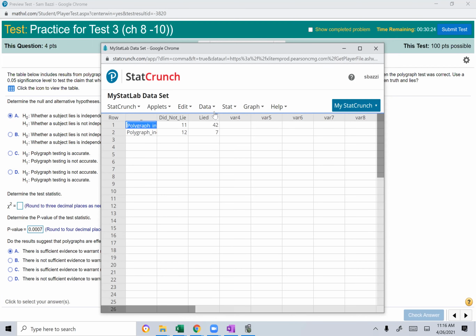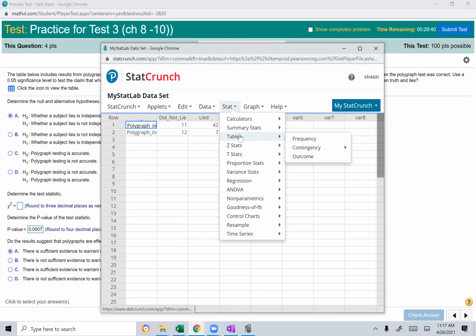Oh, graph, just one sec. Tables. So pay attention to how to do the chi-square test using StatCrunch.